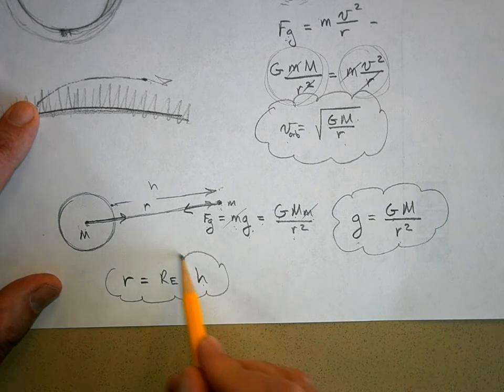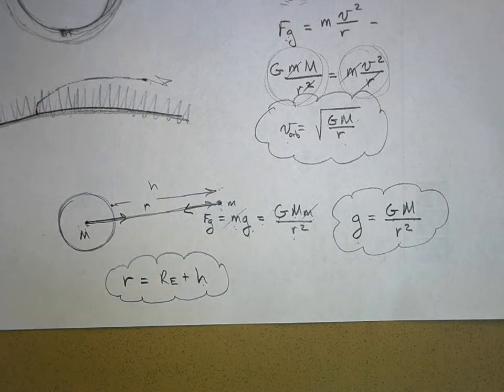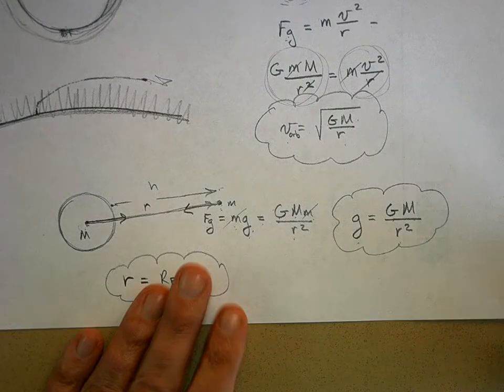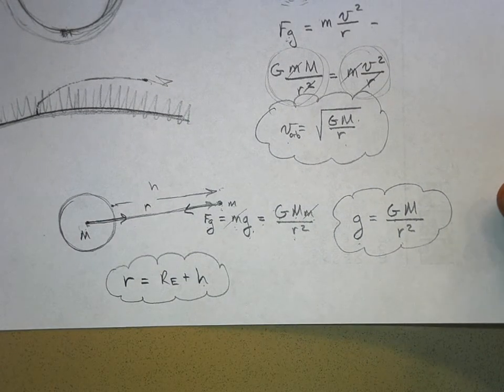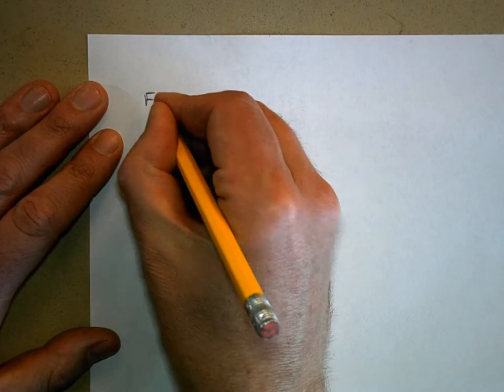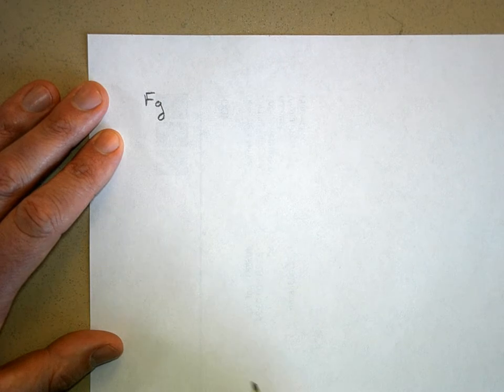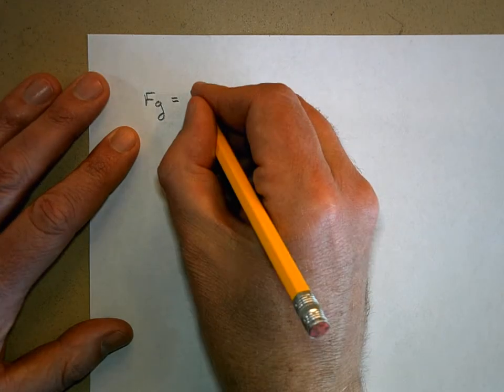Okay, let's summarize all the equations you need. And by the way, this is everything you need for the gravity unit that we're doing. Well, I can express just about everything in one line. The force of gravity is equal to, well, first of all, it's equal to mg.